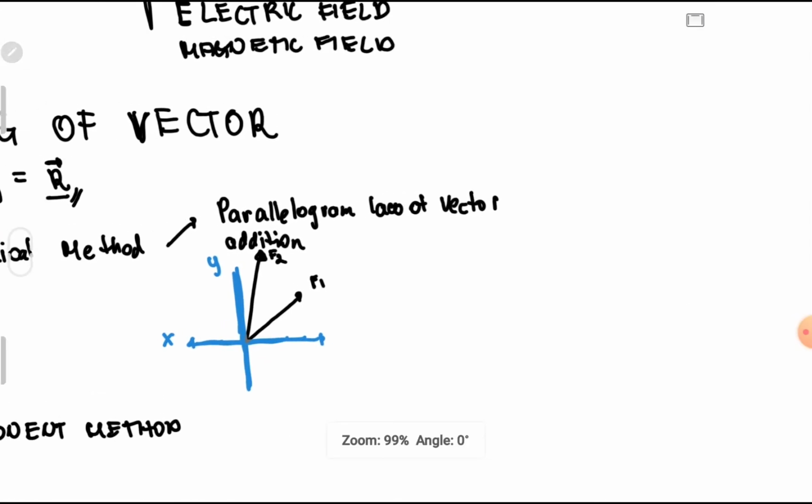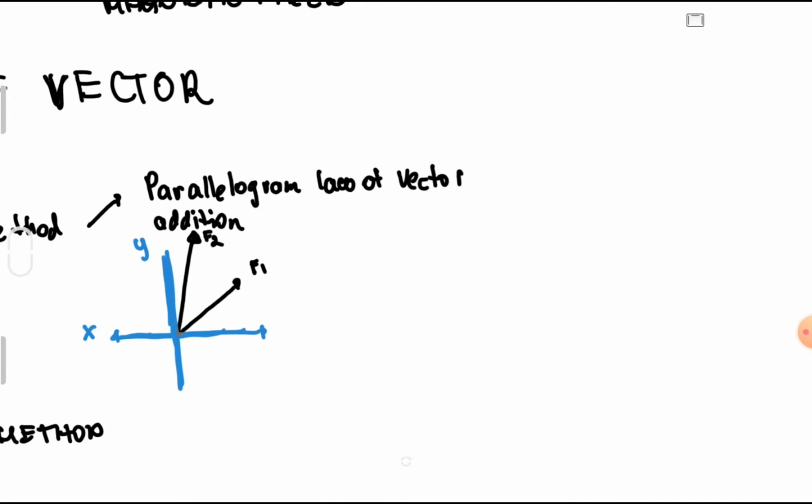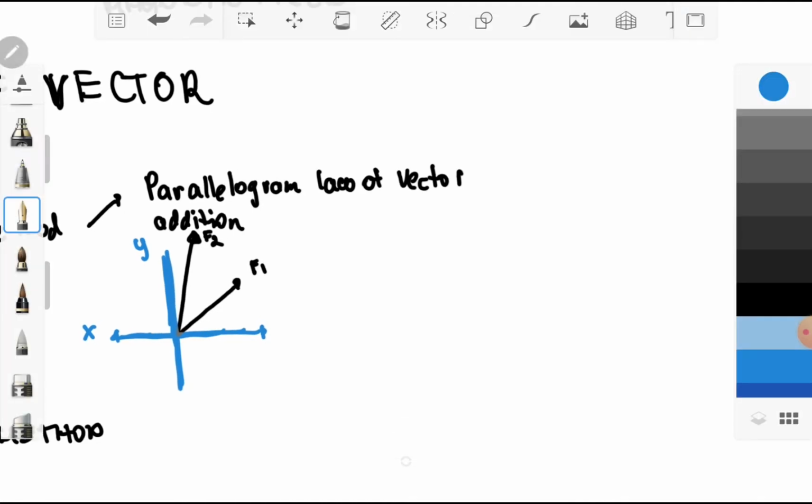Since this is the parallelogram law, from the word parallelogram, it has four sides, with two sides parallel to each other, right? So I will draw a bigger picture of this in order for you to picture the graph.